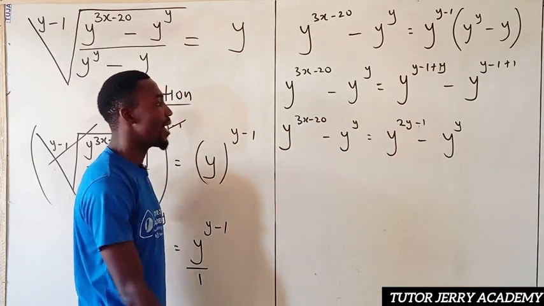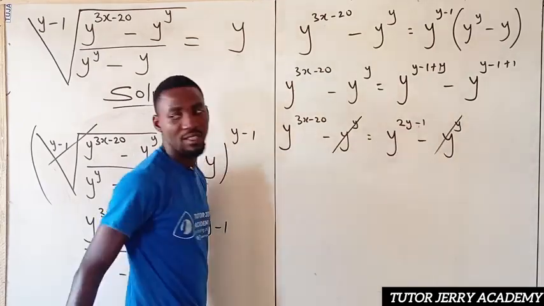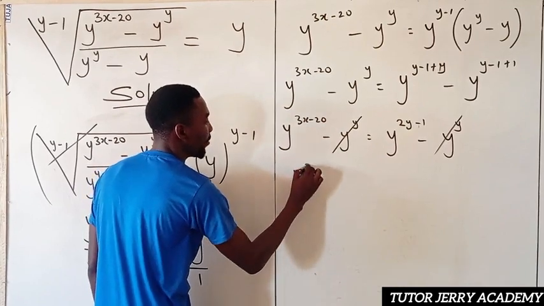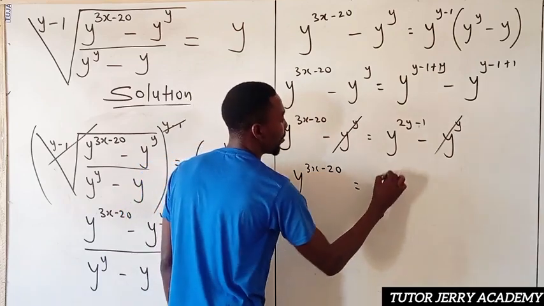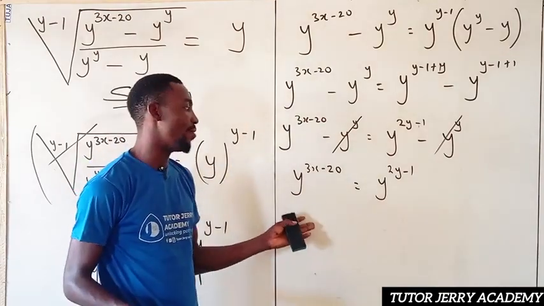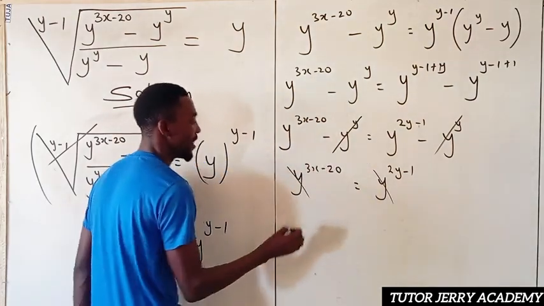Alright. So if you look at this carefully, you will note that this will cancel out this. Then we'll be left with y to the power of 3s minus 20 to be equals to y to the power of 2y minus 1. And of course, they are of the same base. So this y will go with this y, then we equate the power.